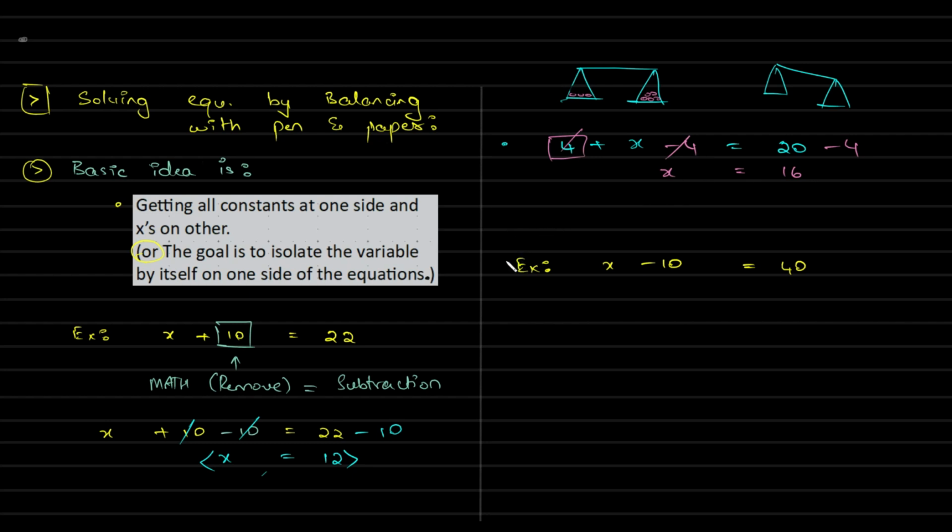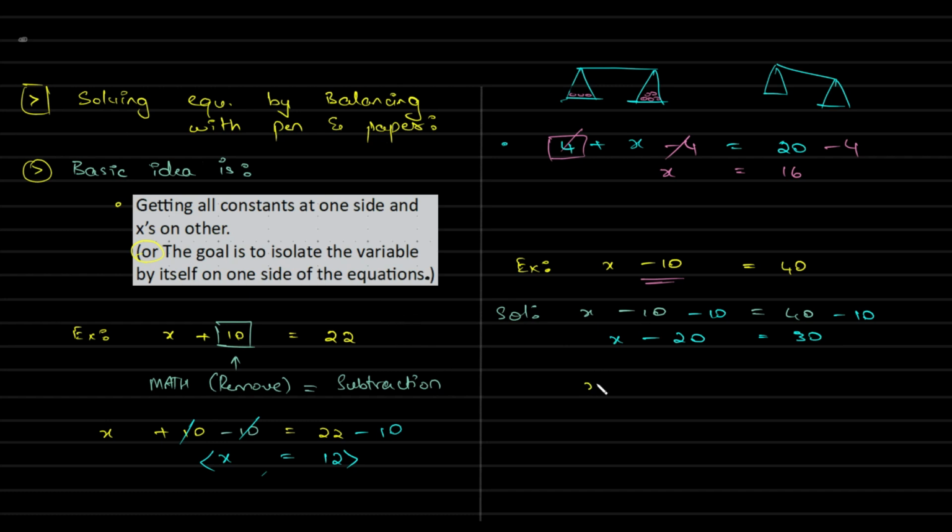Okay, next question. We have negative 10. Remember, this is negative 10. How do you remove negative 10? The question is x minus 10 is equal to 40. If I subtract minus 10 on both the sides, that will lead to x minus 20 is equal to 30. This is not helping.